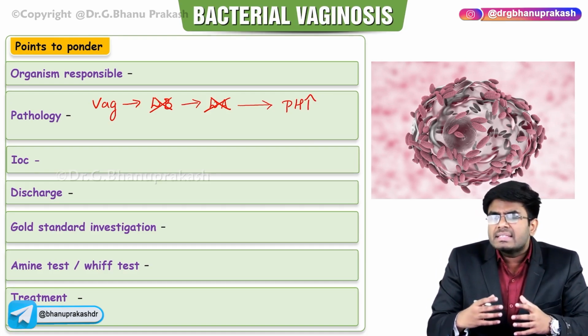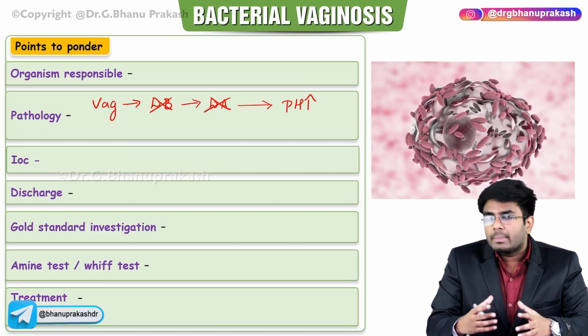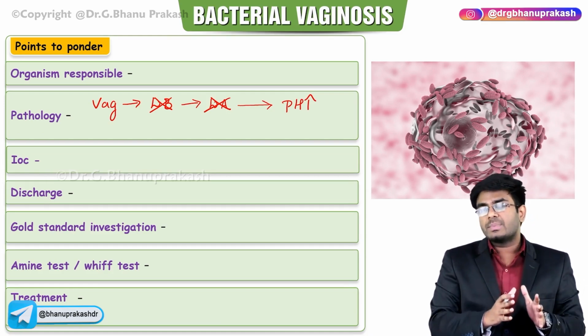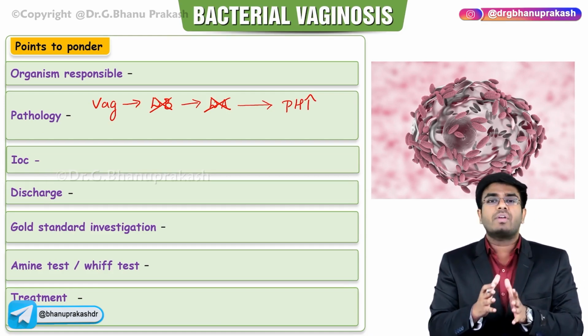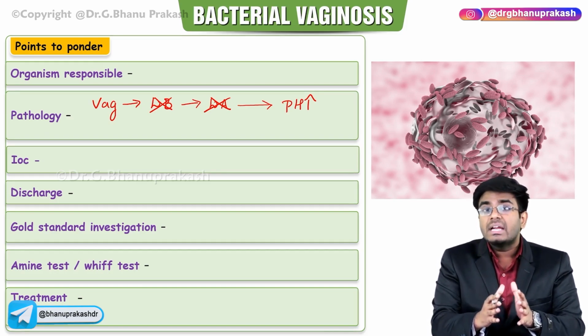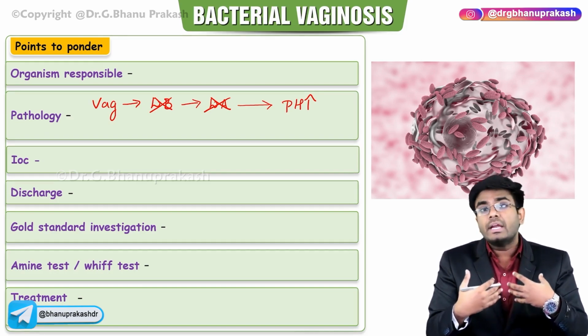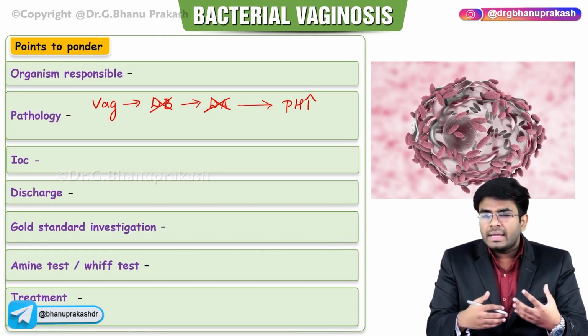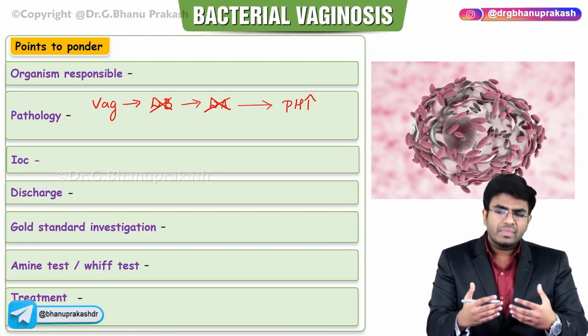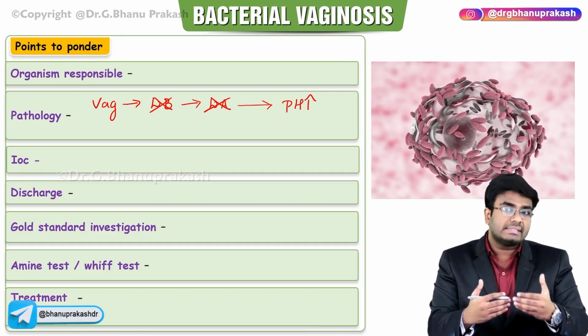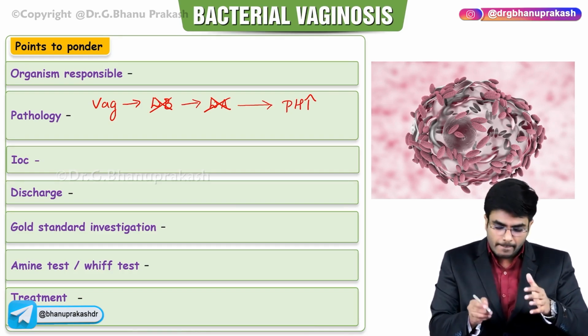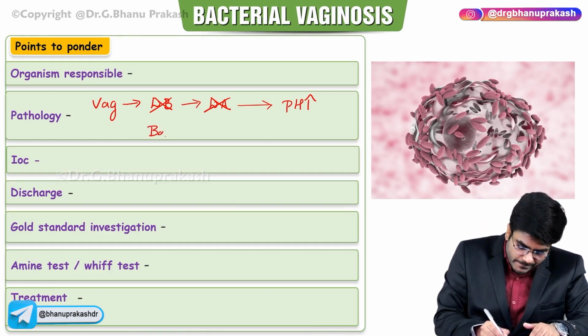Now in this basic pH, what happens? Usually acidic pH is good. Why? Because that acidic pH doesn't allow the bad bacteria to grow. But if the pH is moving towards the basic side, it's a chance for the bad bacteria to grow.